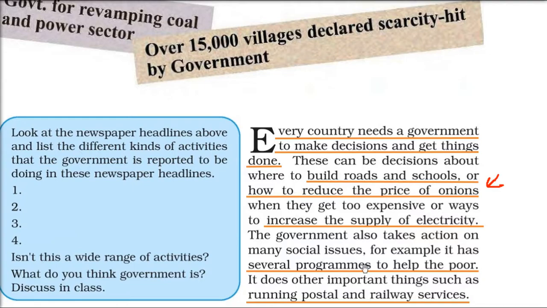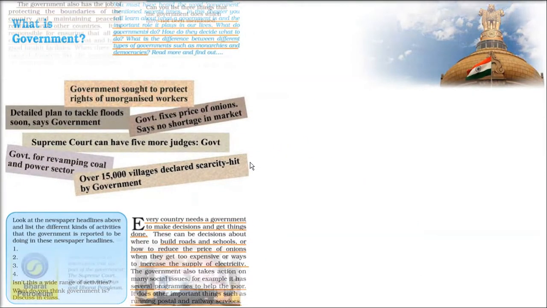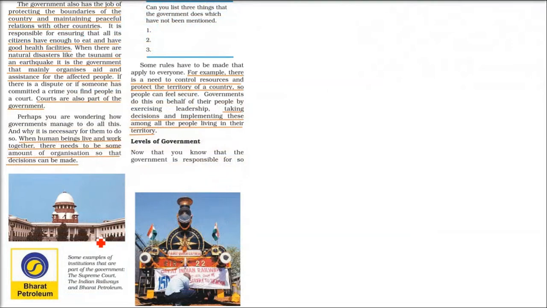There are so many resources that need to be given to the public. Our country is somewhat poor. It's not a rich country. So in order to uplift people or make them self-sufficient, there are certain programs run by the government. And strategically important services, like postal and railway services, are run by the government.